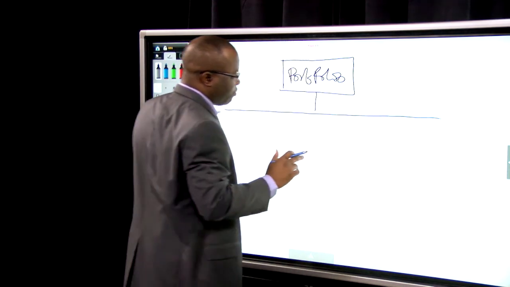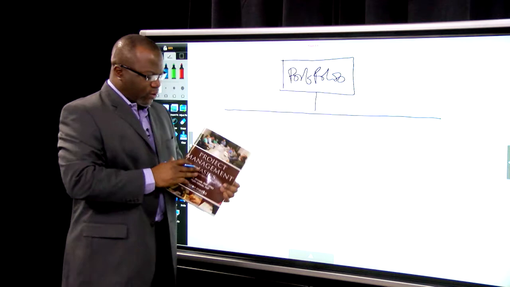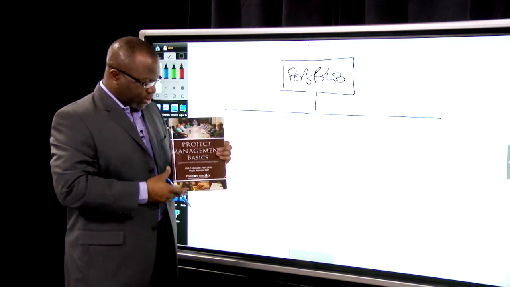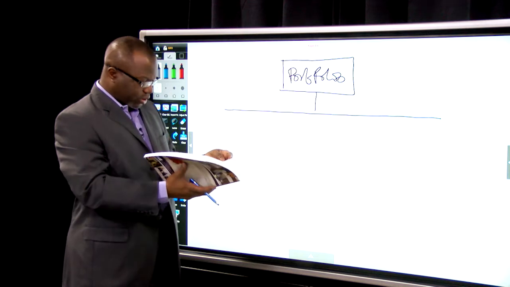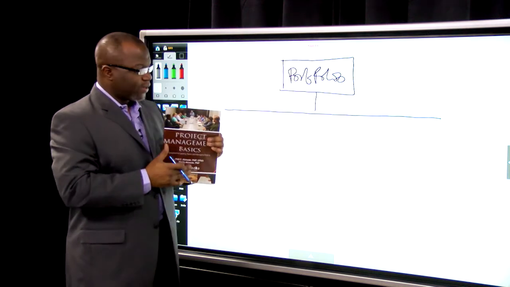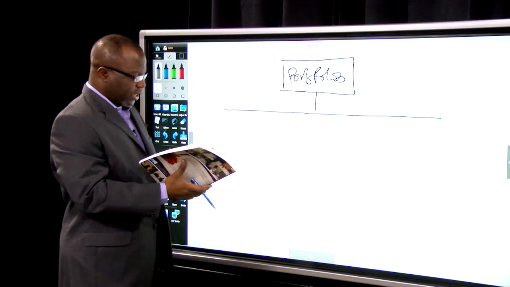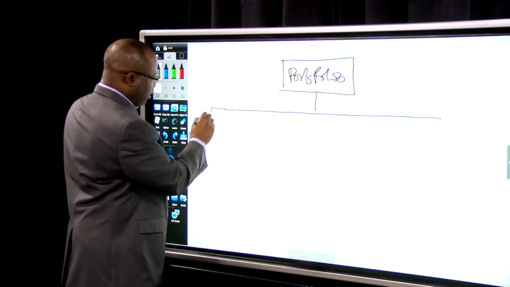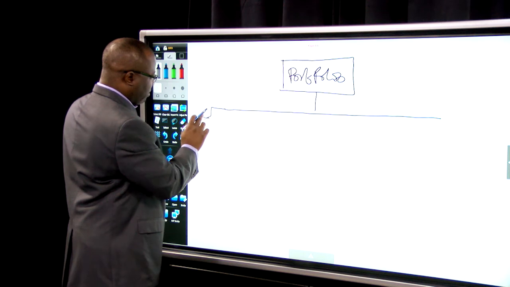And just to give you some background, if you have the book Project Management Basics from Praizion Media, this example is talked about on page 16, where we take a look at figure 3, which shows a portfolio of a particular firm.